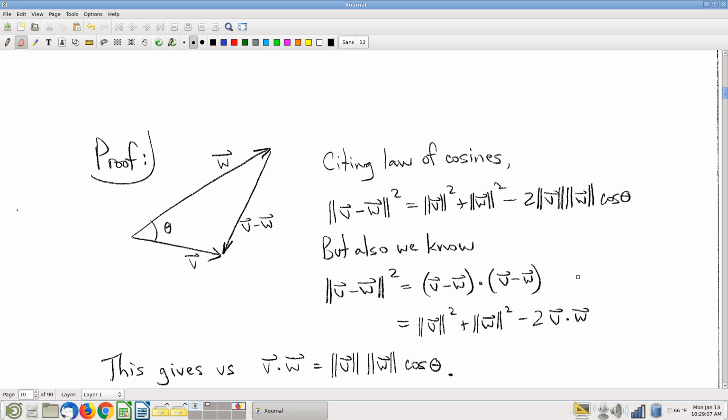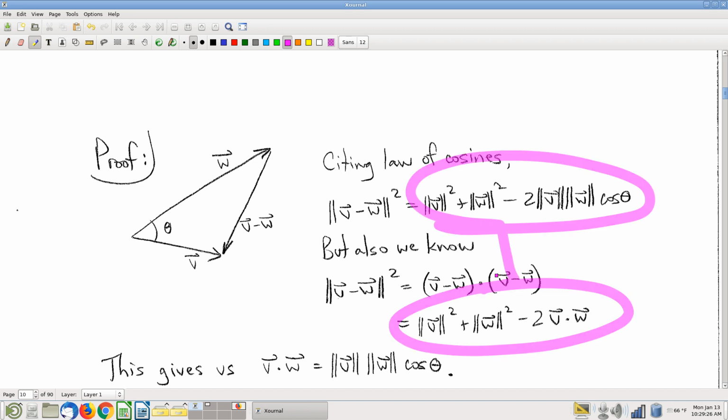So now, we still haven't done what we wanted. We wanted to compute the dot product. We've done what I like to call a mathematical bank shot. This is a neat idea that sometimes if you want to compute something, you compute something else, and then, having computed that same thing two different ways, the thing you're actually interested in shows up.